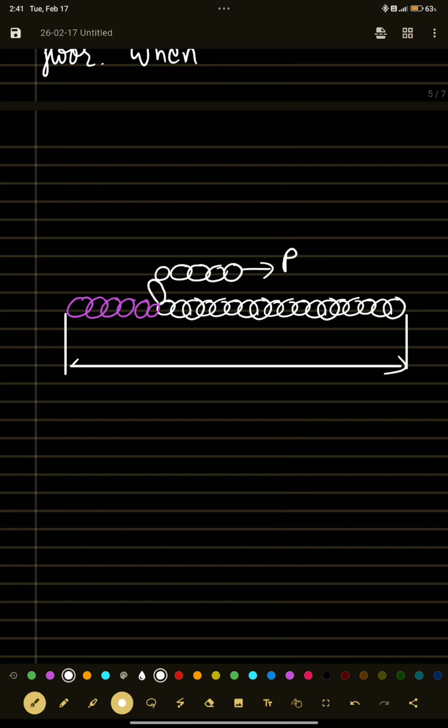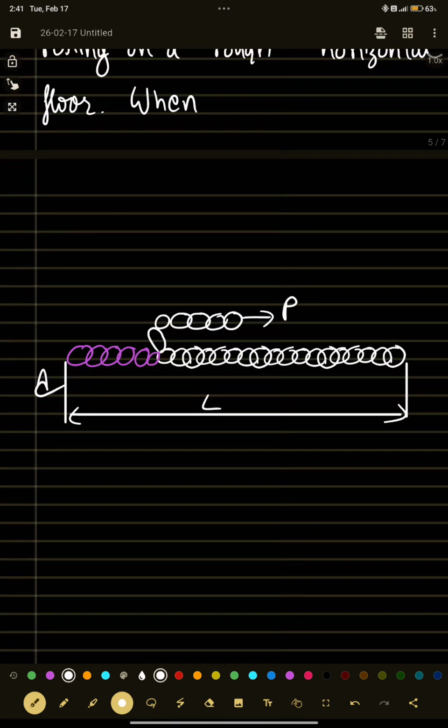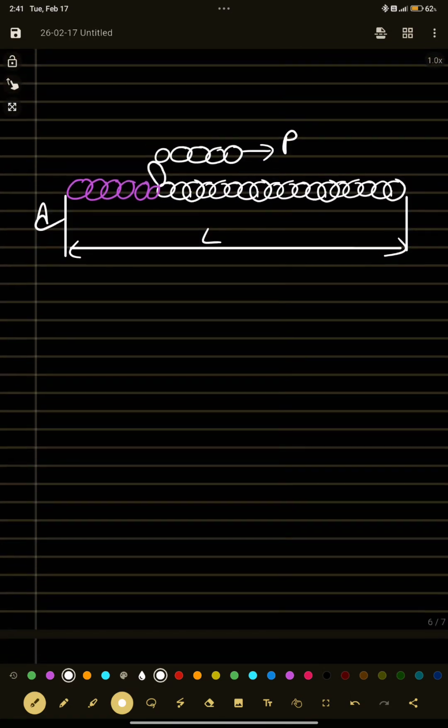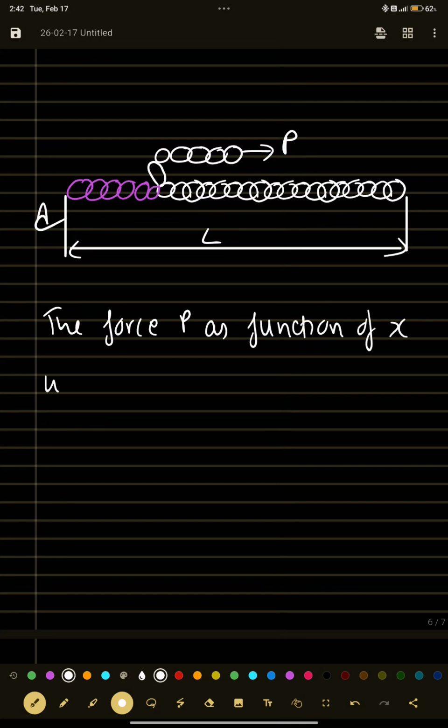Determine the first part A, the force P as a function of x required to pull the chain with a constant velocity of 1.5 meters per second. So you have to determine this P as a function of x.